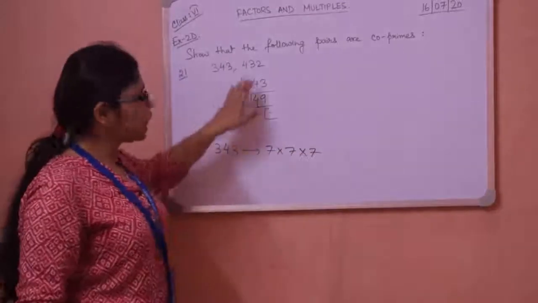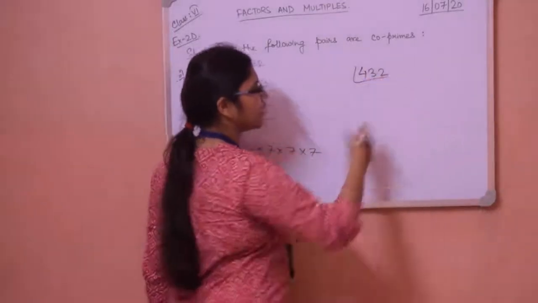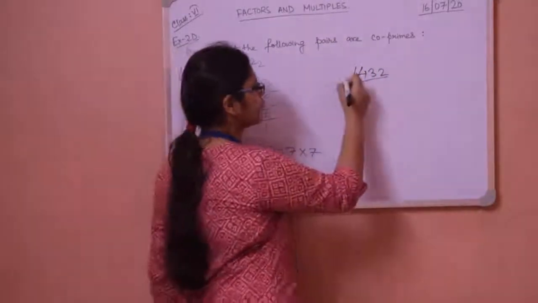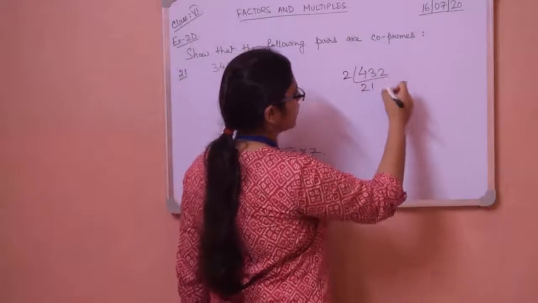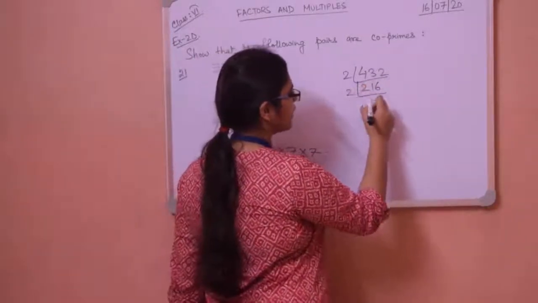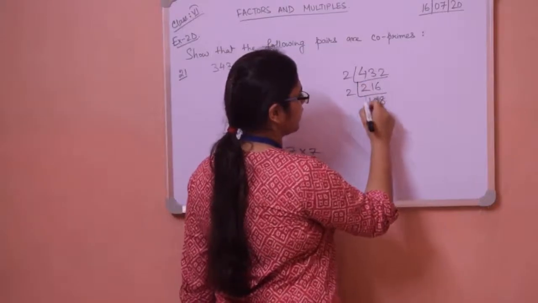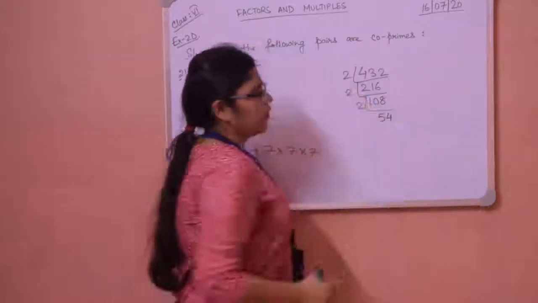Now next we have 432. First we can divide this with 2, and we get 216. Again dividing with 2, we are getting 108. Again with 2, 54.